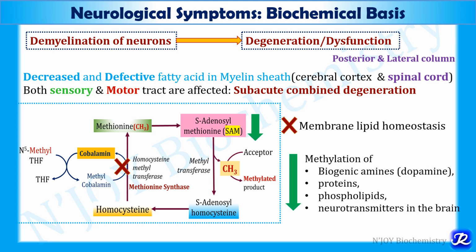Due to decreased SAM, the methylation of biogenic amines, proteins, phospholipids and neurotransmitters in the brain is reduced, and this is responsible for degeneration and dysfunction of the neurons, and this results in the neurological symptoms.